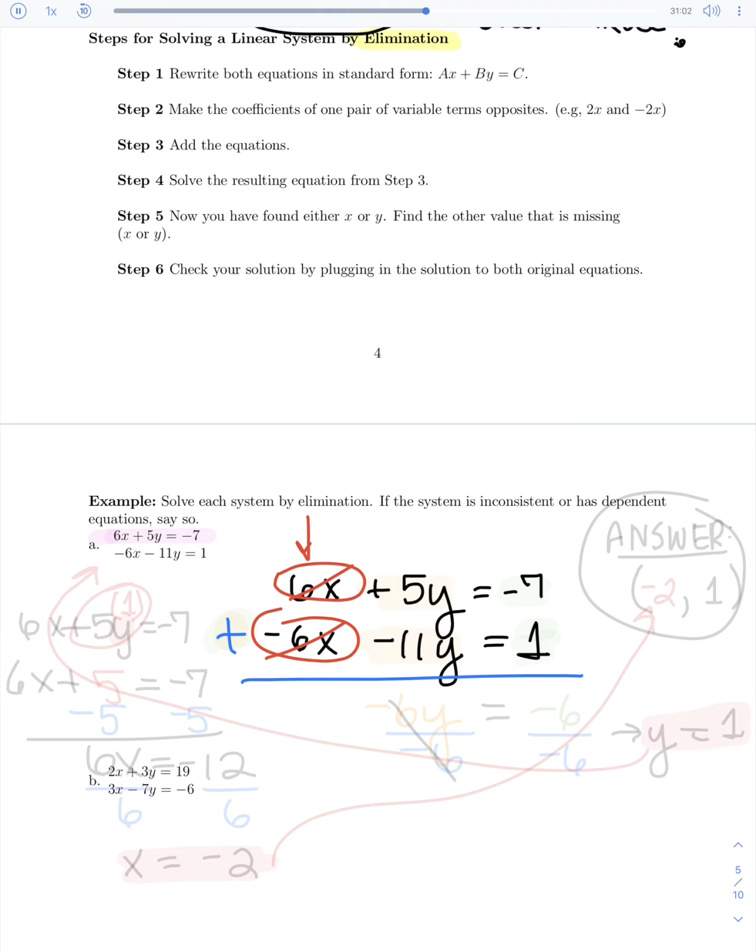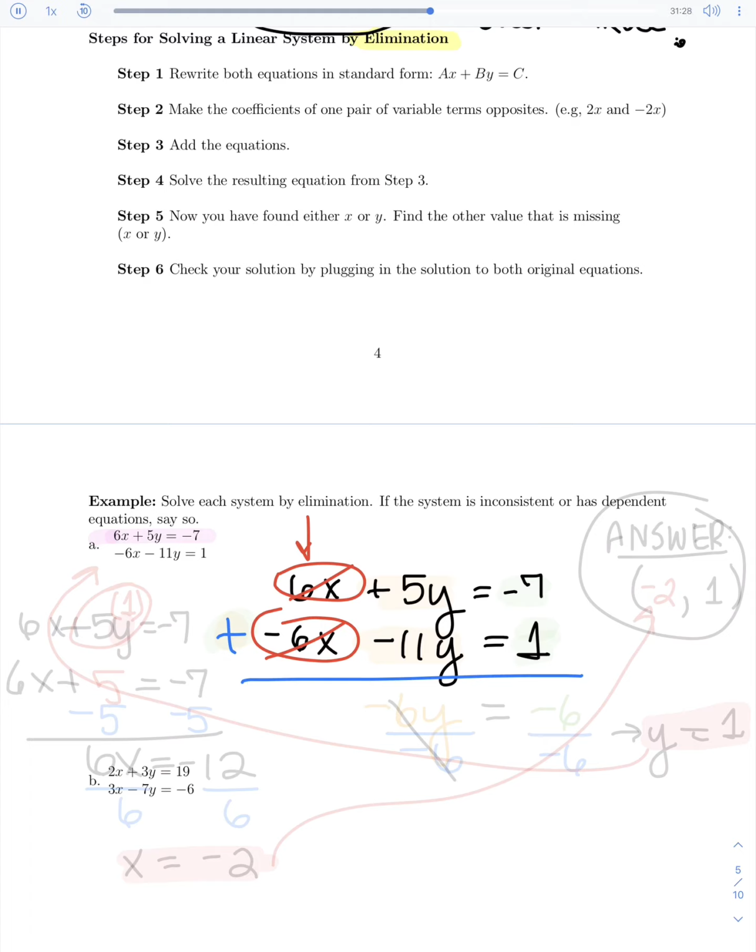We've eliminated a variable completely. So that's going to be the goal with elimination, is to have two of the same variables with the same numbers out in front. One needs to be positive though, and one needs to be negative, so that when you add them up, they will cancel or eliminate. This one was just already perfectly set up for us. So next part, we would continue with adding normally.